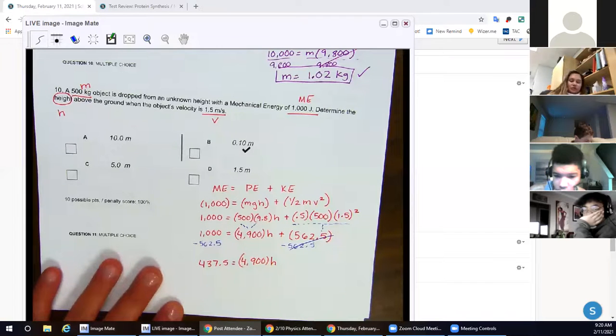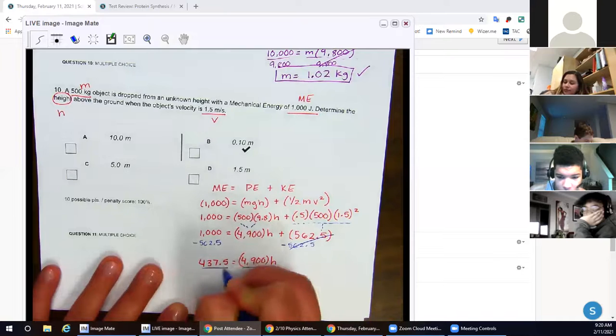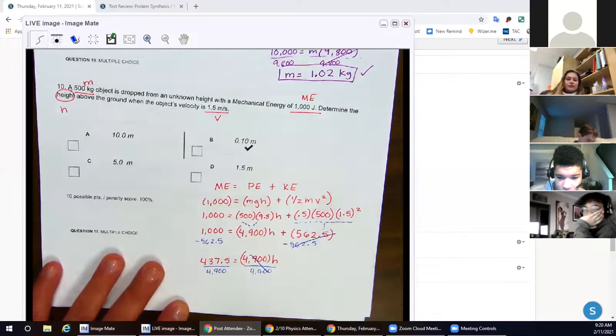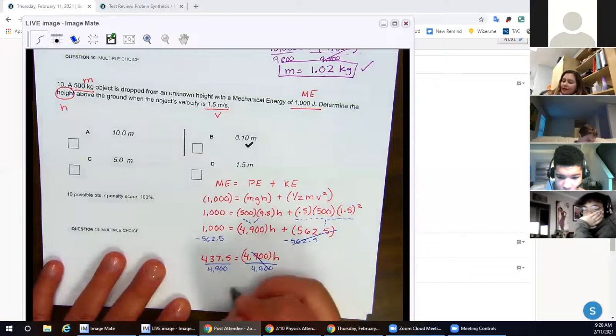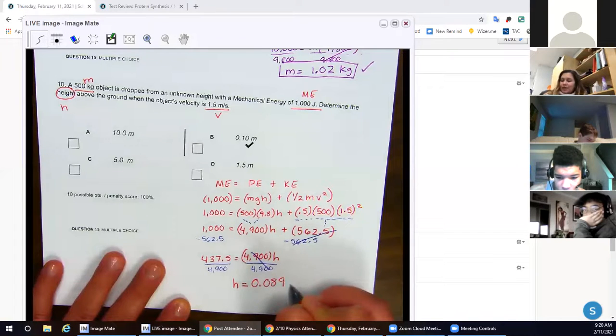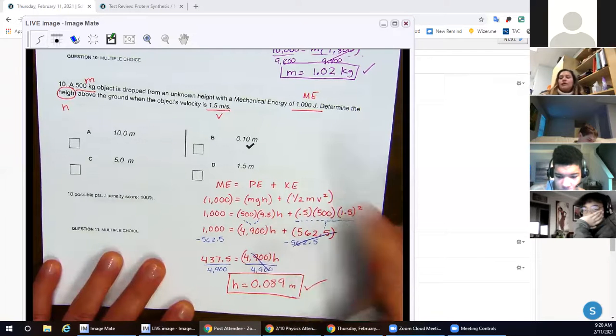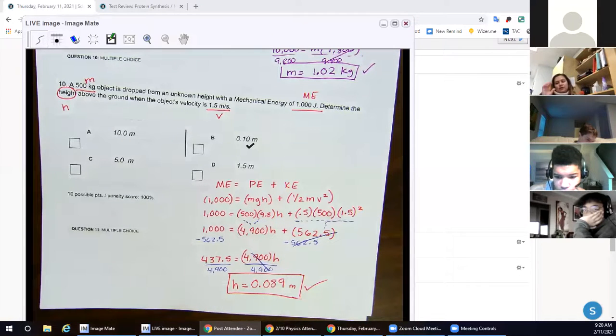Last thing you need to do is just divide both sides by 4,900. That cancels out on your right. So all you're left with is your height, which equals 0.089 meters, which if you round it, will equal 0.1.